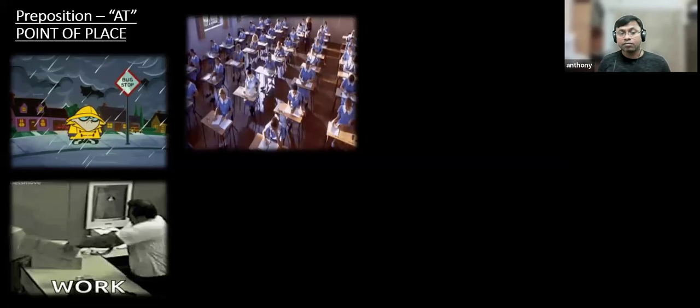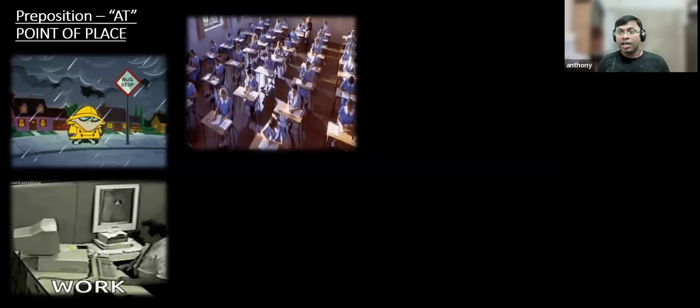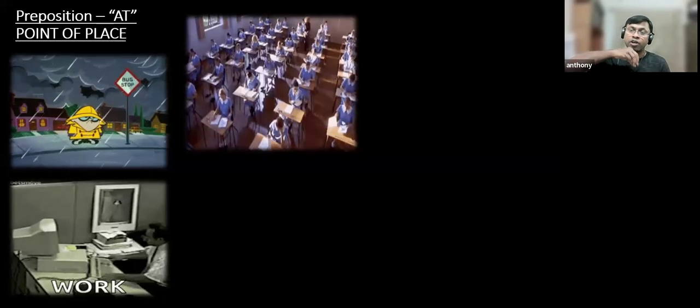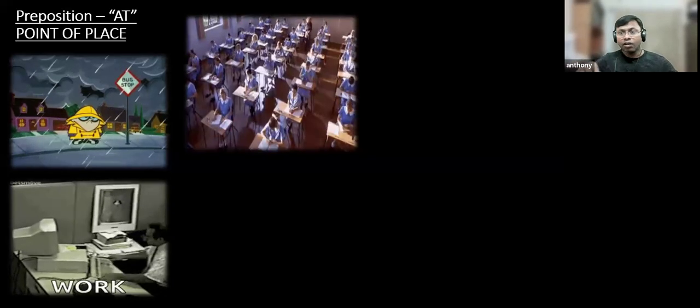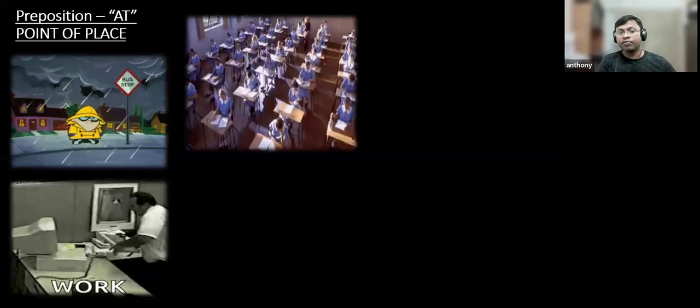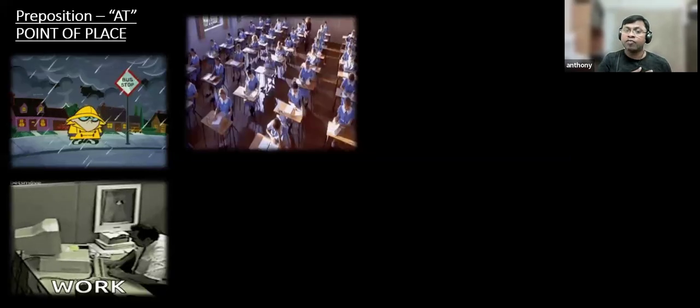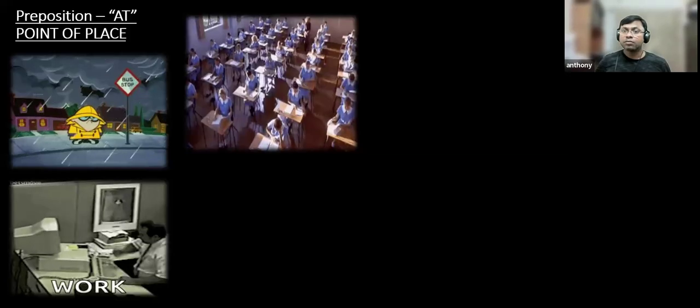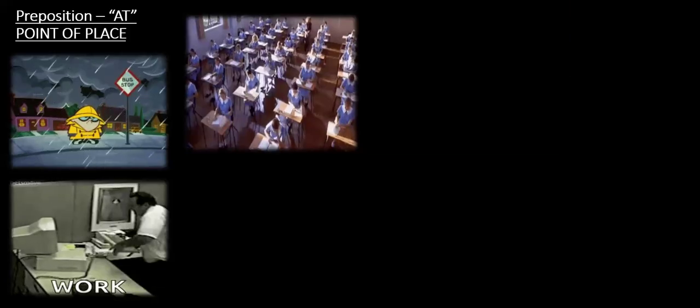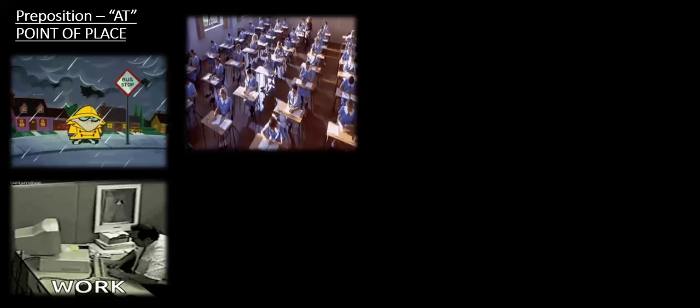At work. So I'm at work. That means you're talking about point of place. Now, can anyone tell me the meaning if I say I'm in work? I'm in work means I'm doing some work. It may be typing or using computer, whatever.